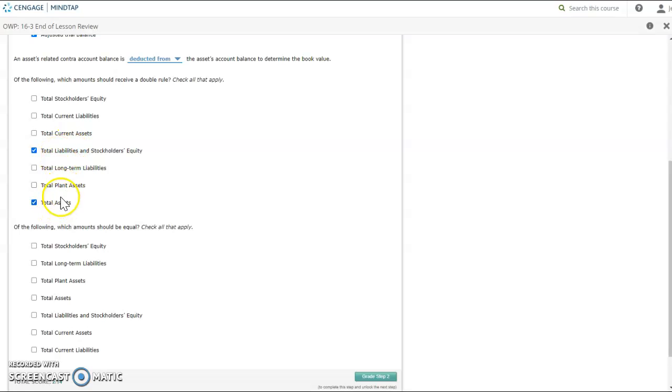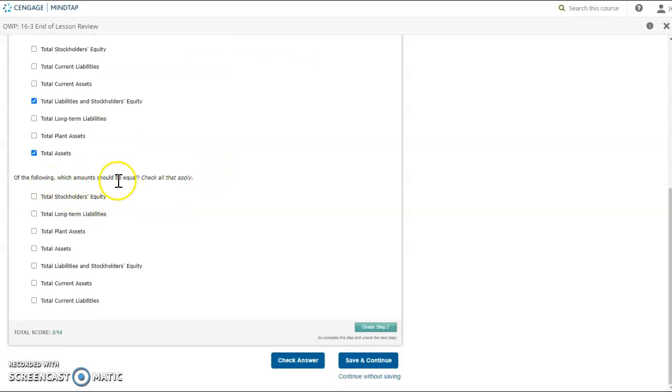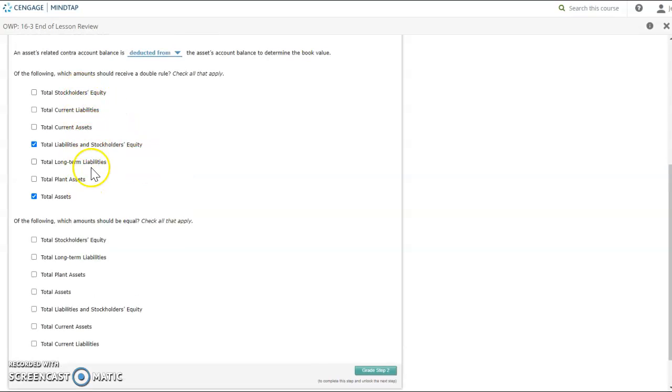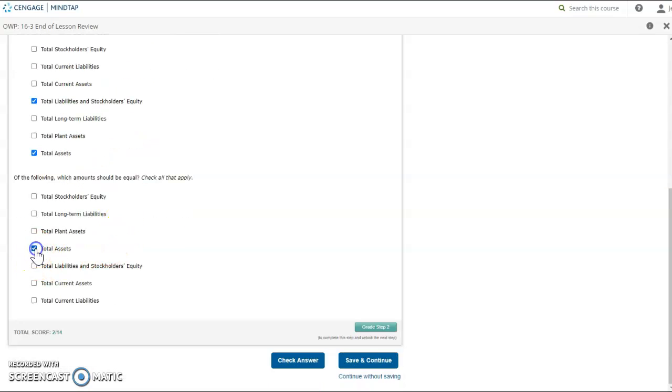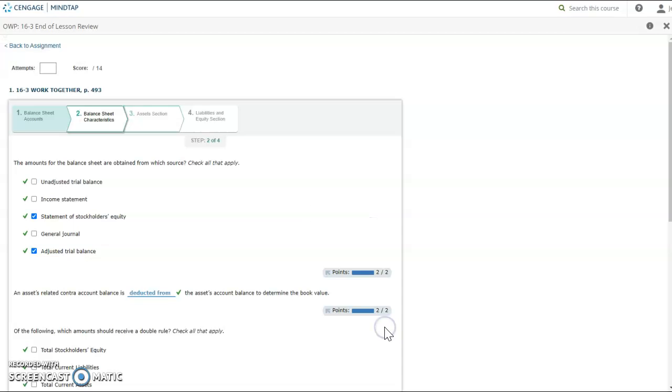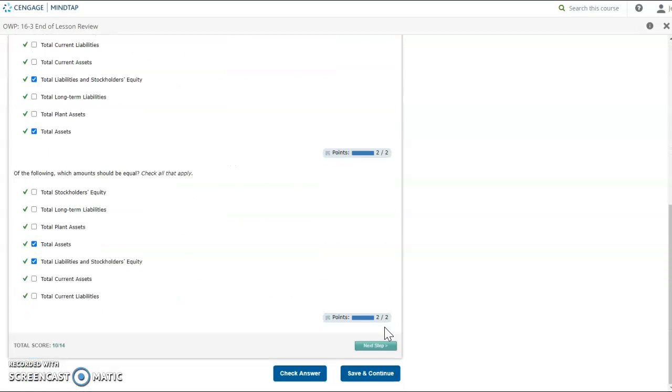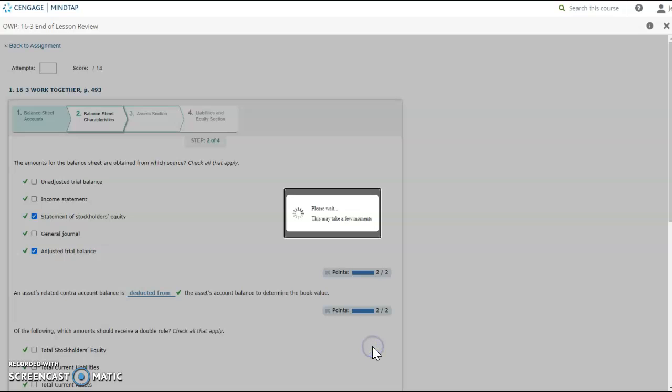These two numbers should be in balance, should equal, and once they equal, we would show that by putting a double rule underneath. Next question is, of the following, which amount should be equal? And we kind of just answered that here. So what should be equal is our total assets and our total liabilities and stockholders' equity. I'm going to grade step 2 and next step.